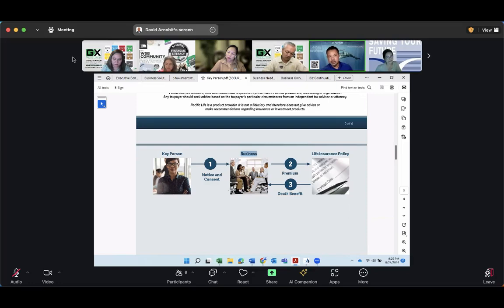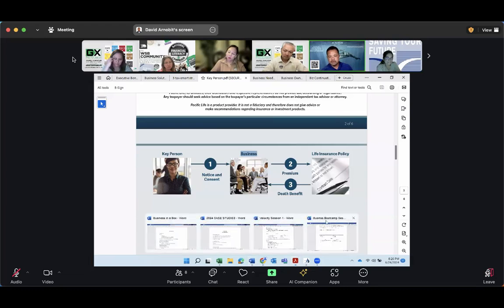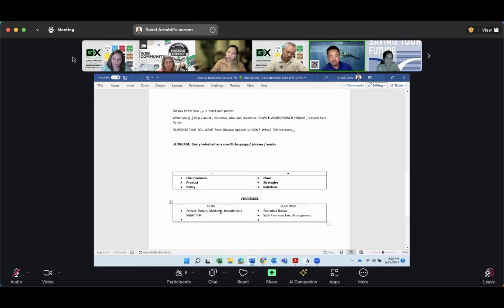Absolutely. So, Don, if you were my superstar employee that I can't lose, of course I'm going to want to give you something, right? So I give you the executive bonus because my whole point is to be able to retain, motivate, and incentivize. Well, now I need to be prudent, and I also need to protect my business.